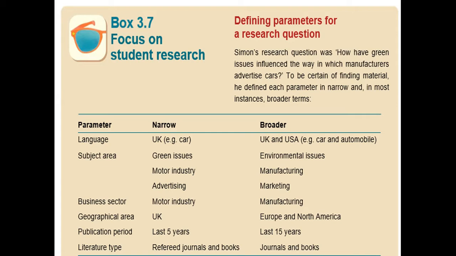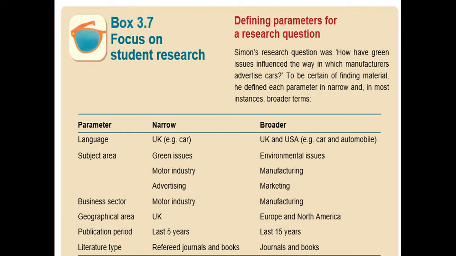Now here, you can see in your book, box 3.7 in literature review, that Simon wanted to do a research on green issues, and after a preliminary research review, he has this research question: how have green issues influenced the way in which manufacturers advertise cars?